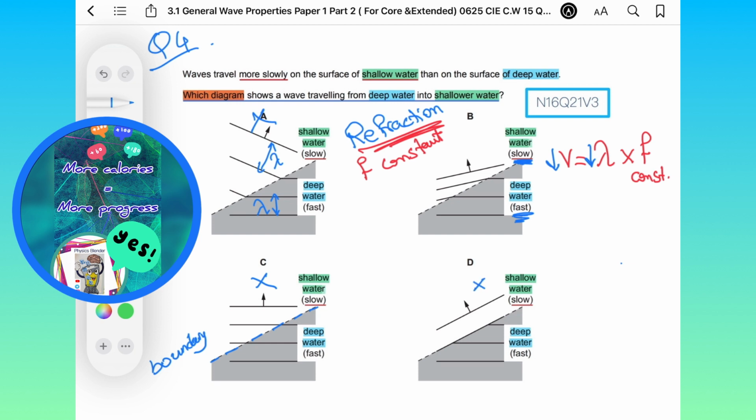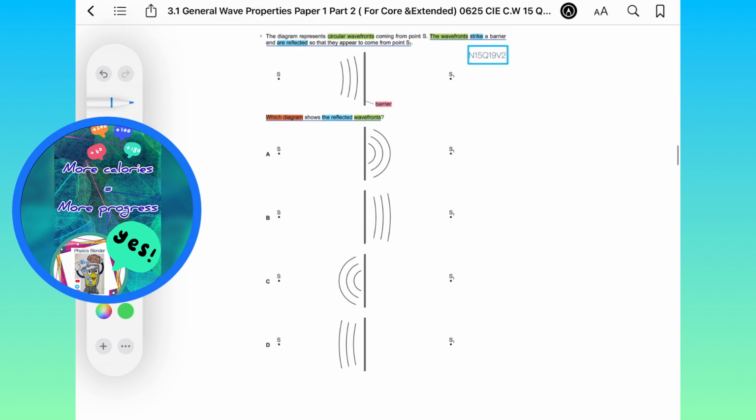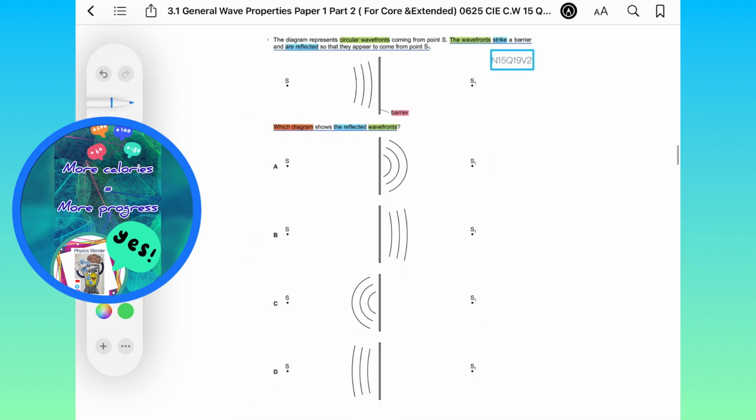So the wavelength is shorter, decreased, in B. If the speed is less in the shallow water, the wave moves slower, and accordingly the wavelength will also decrease.